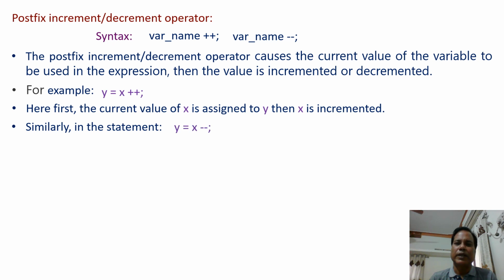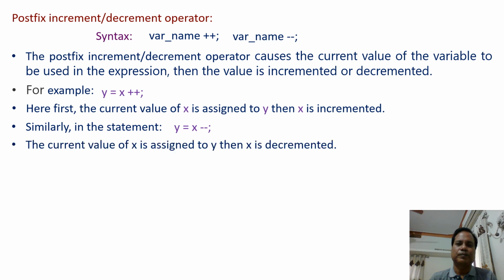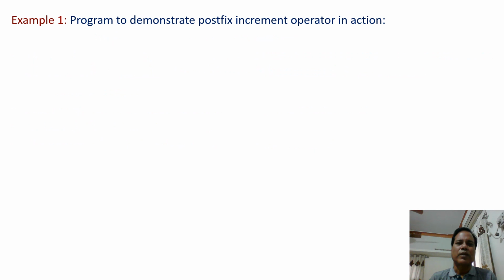Similarly, in the statement y = x--, the value of x is first assigned to y, and then its value is decremented. Now let us discuss the postfix increment decrement operator through an example.